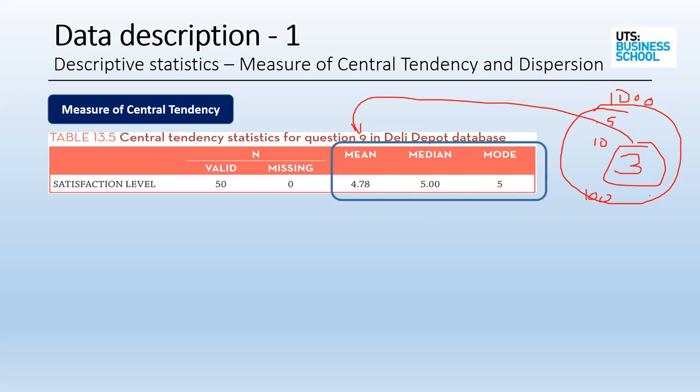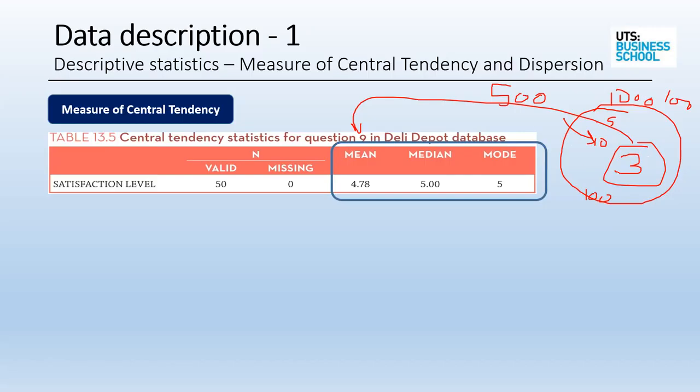Mode is what is the majority, what is the number which is most frequently observed in this spending data set. Are you observing $10 spending by most of the consumers? So if 1,000 consumers are coming to the store, let's say 500 are spending $10 in the store, 100 are spending only $100, and the remaining are spending $3.